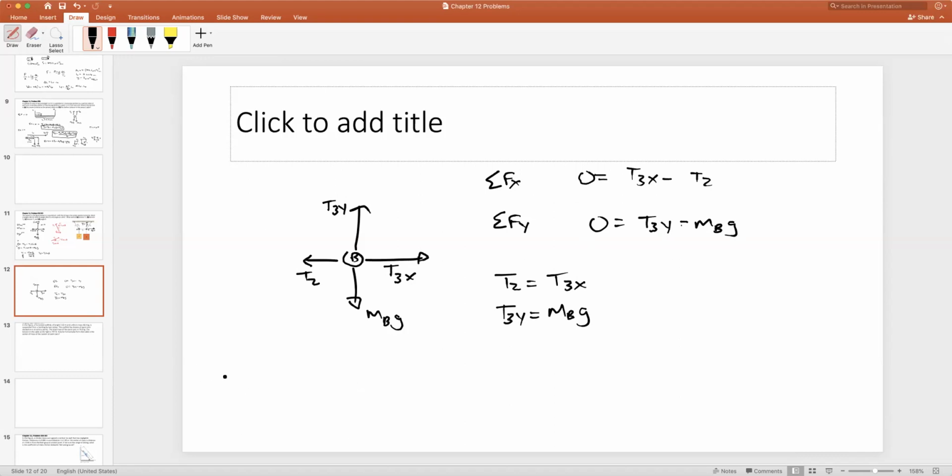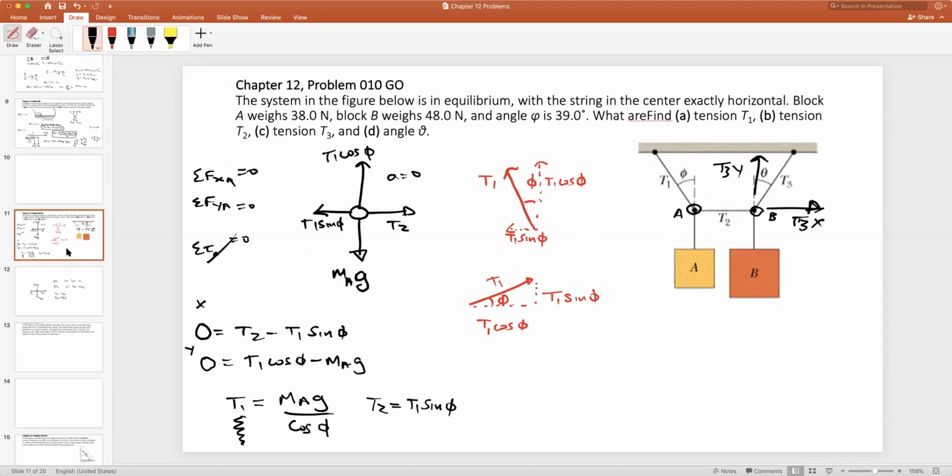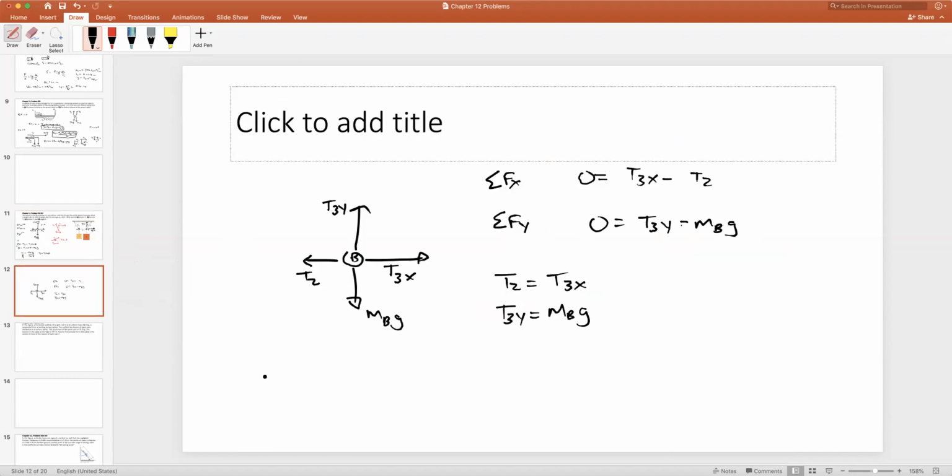Then I want to know the magnitude of T3 and I want to know the angle. And so the magnitude of anything is from the X and Y components, which in this case, we said that T3Y is MBG and T3X is T2. I already have T2 from earlier, and I can get MBG because they gave me the mass.